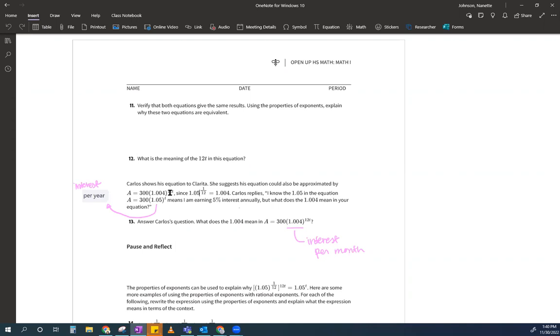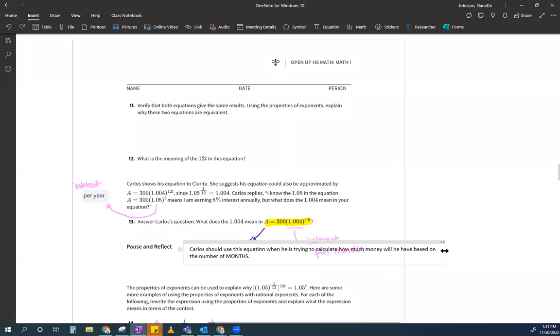So I'll do it over here. Carlos should use this equation when, let me just type because I can type faster. Carlos should use this equation when he is trying to calculate how much money he will have based on the number of months.